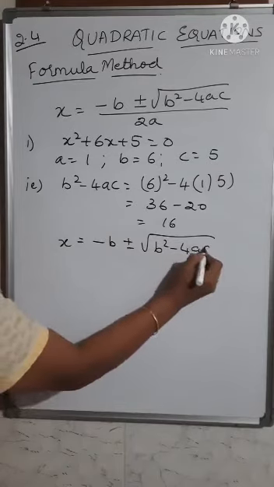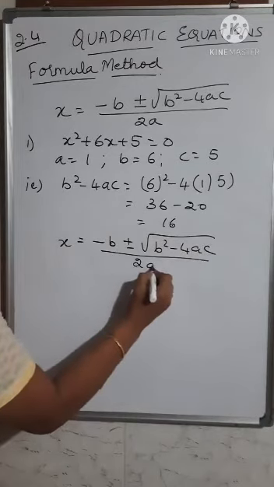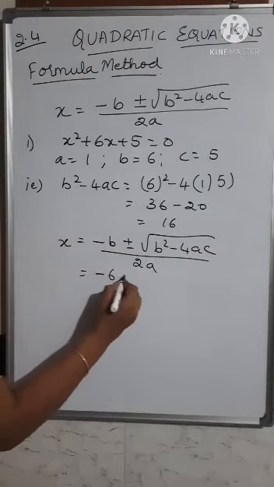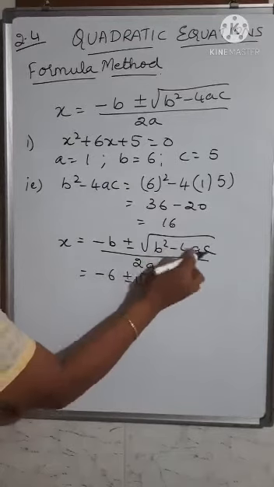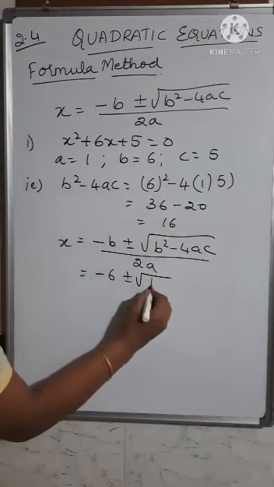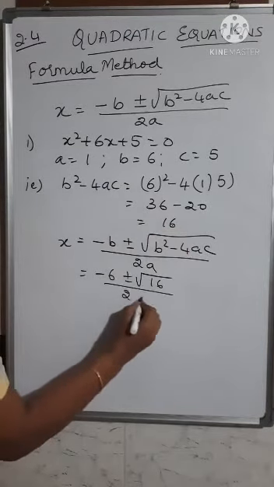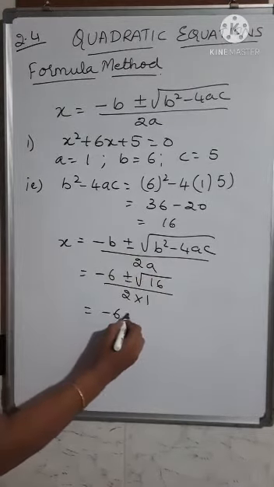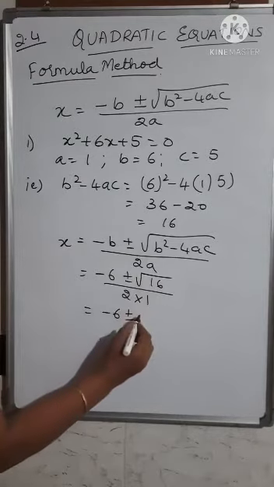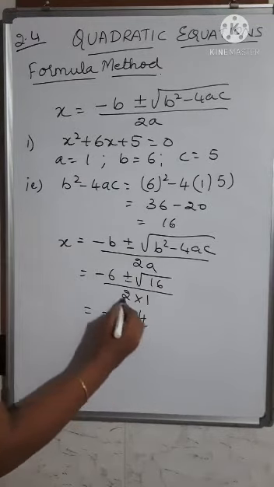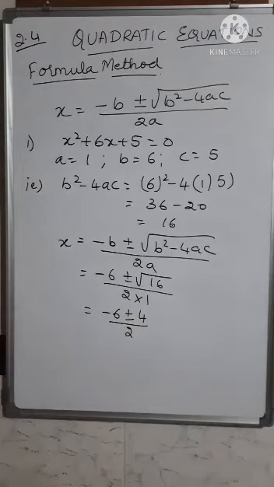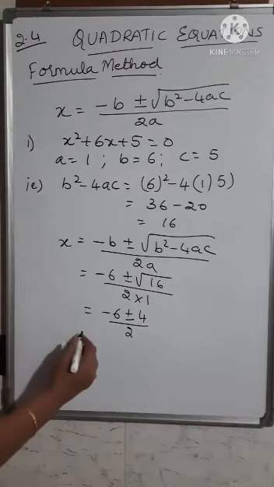Here minus b is minus 6, plus or minus root of 16, upon 2 into a, and a is 1. So this equals minus 6 plus or minus square root of 16, which is 4, upon 2 into 1, which is 2. Whenever you can simplify further, you have to simplify the values and then write the roots of the equation.